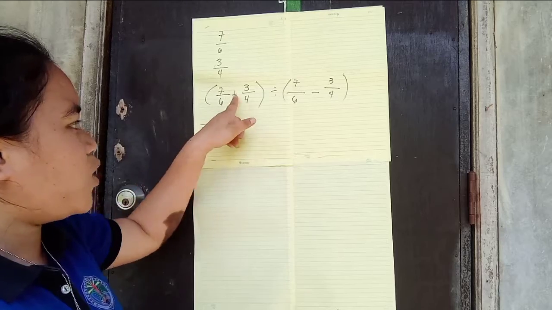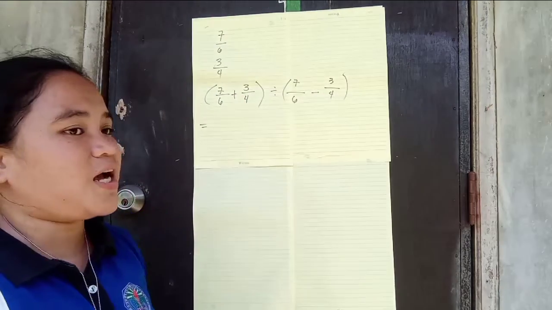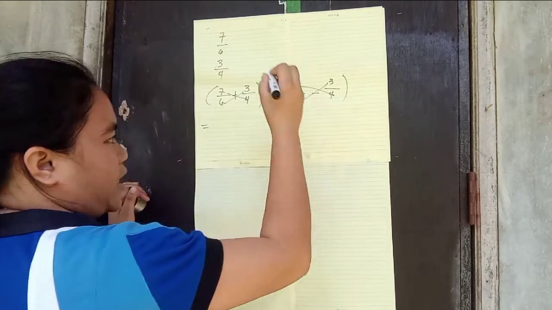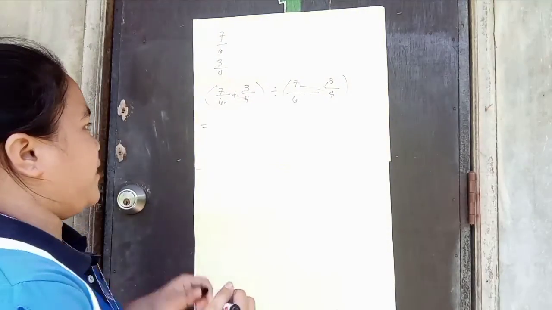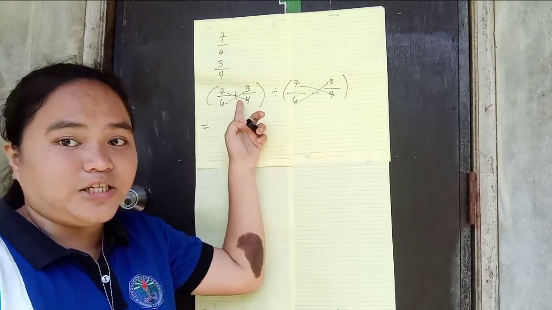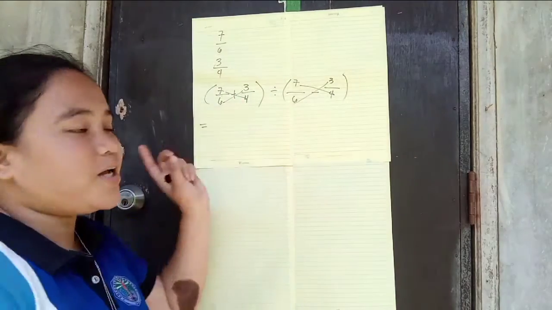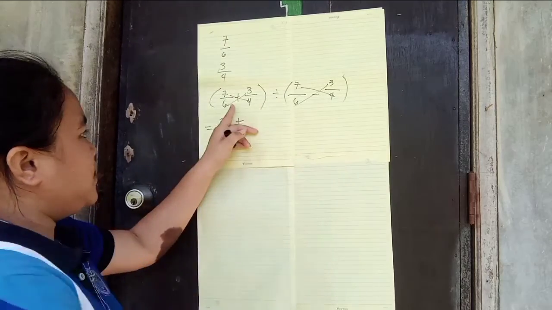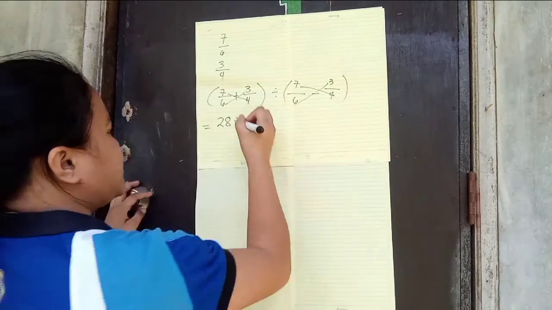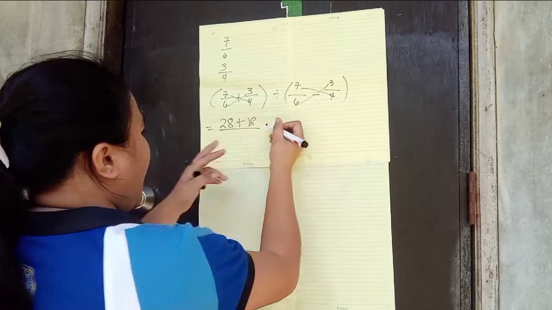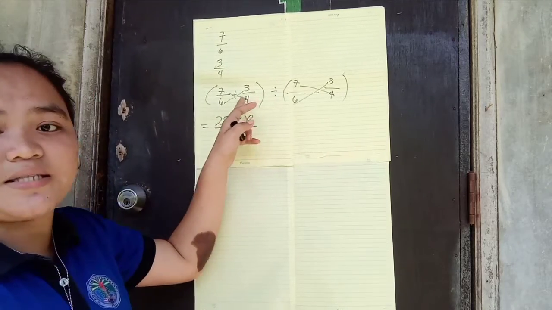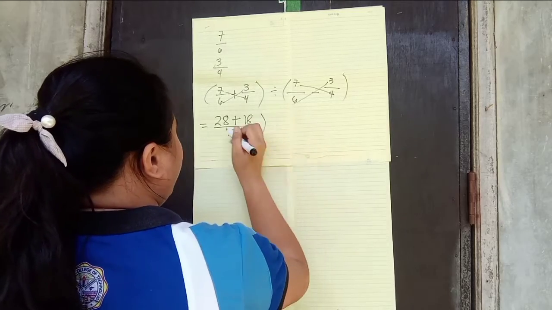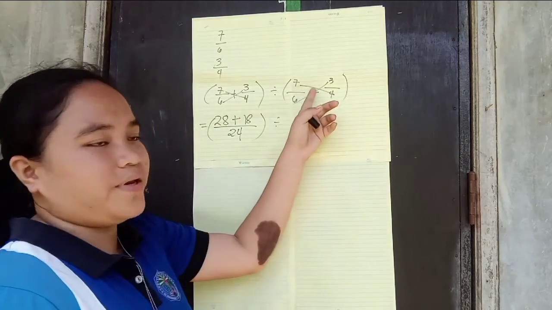So, dahil po gumamit tayo ng addition and subtraction, magkakaroon tayo dito ng cross multiplication. Okay, let's first do the addition. 7 times 4 equals 28. 28 plus 6 times 3 equals 18. And our denominator is 6 times 4 equals 24. And ganun din po ang gagawin natin dito.